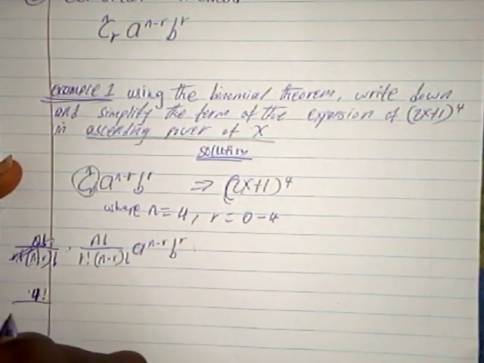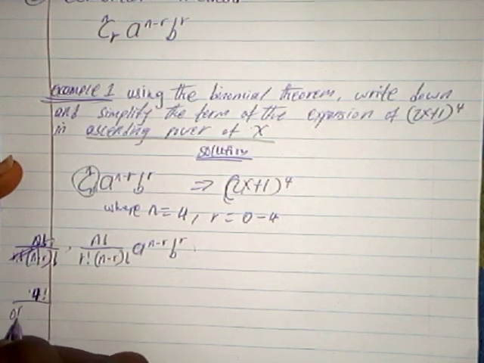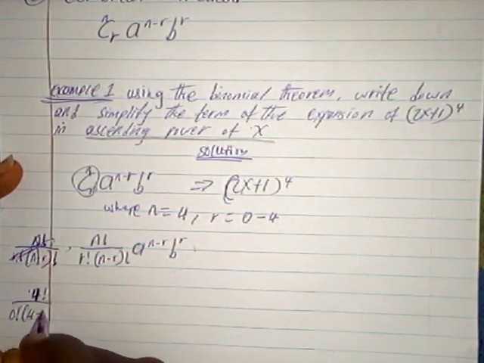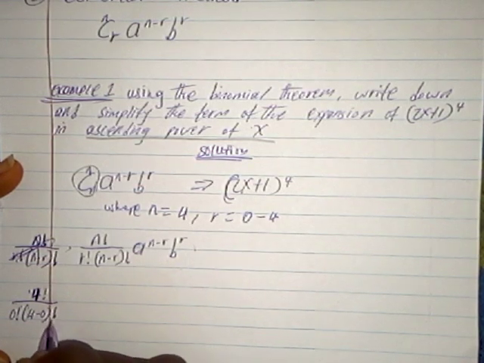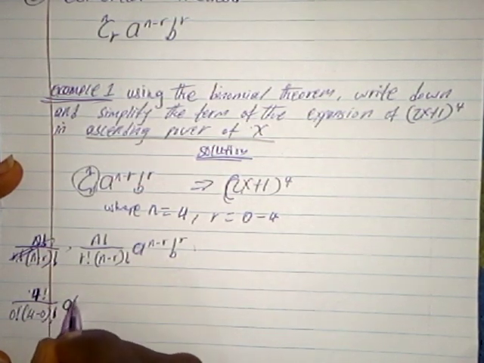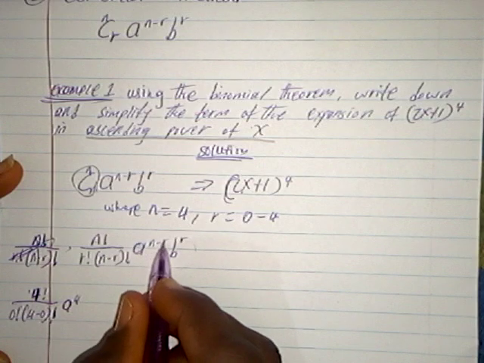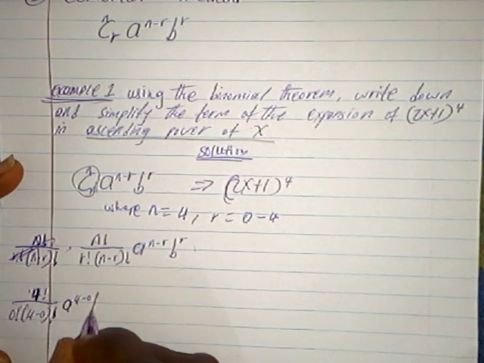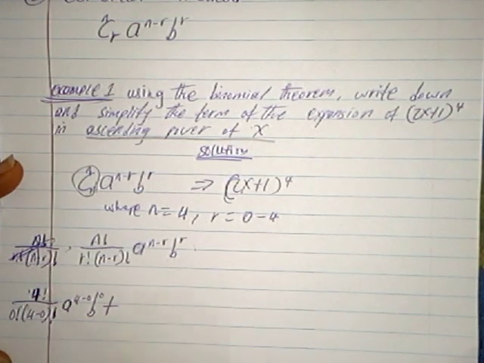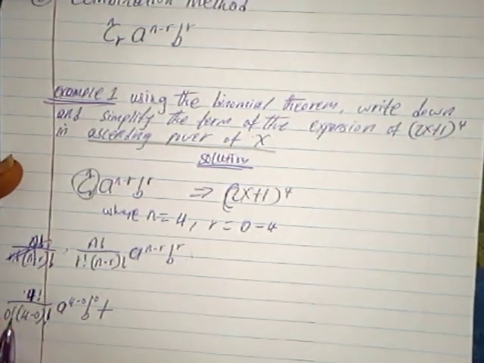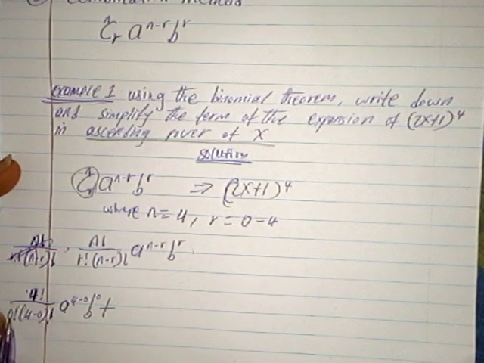For this first one, r is 0: 0 factorial, (4 minus 0) factorial, a raised to the power 4 minus r, b raised to the power r, where r is 0. Plus, for this first term, r should be 0.